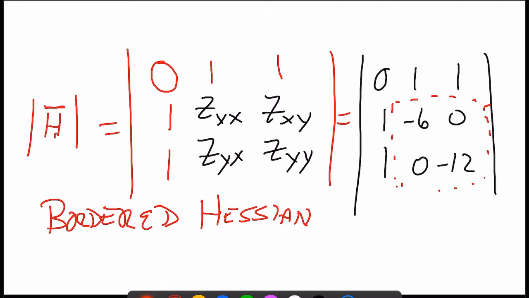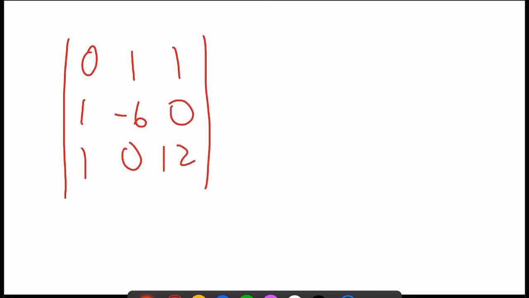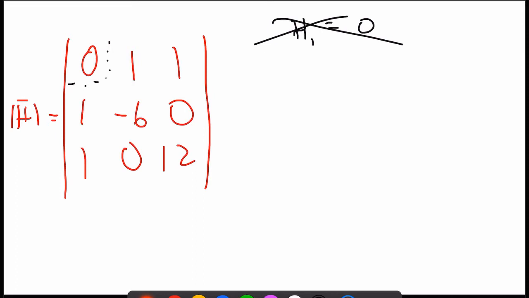Okay. Now, in one sense, this is way easier. So let's rewrite this. Here's my bordered Hessian. H1 is 0, and it's always 0, so that's worthless. I don't even need to calculate that.